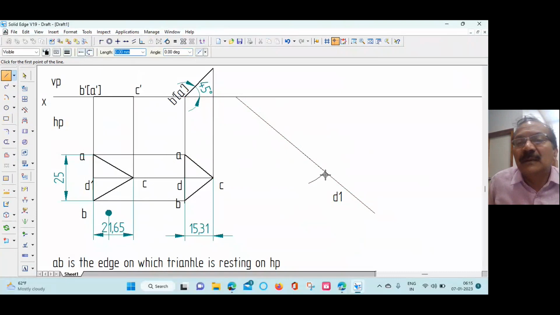Draw a line from here to 21.6 by 21.6 here, at an angle, and press enter. Okay. Go to line command.